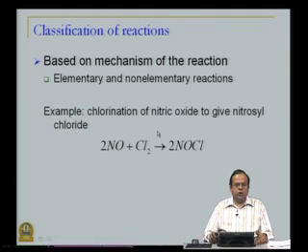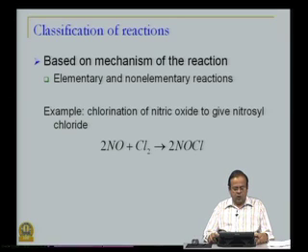Before we go into rates of reactions, we will just briefly go over various different ways in which reactions are classified. Reactions are classified based on three different things, starting with, let us say, the mechanism of the reaction, that is whether the reaction is elementary or non-elementary.